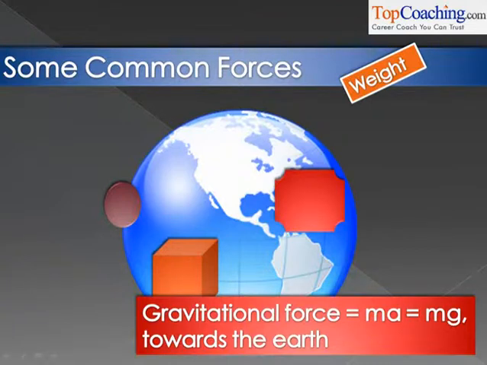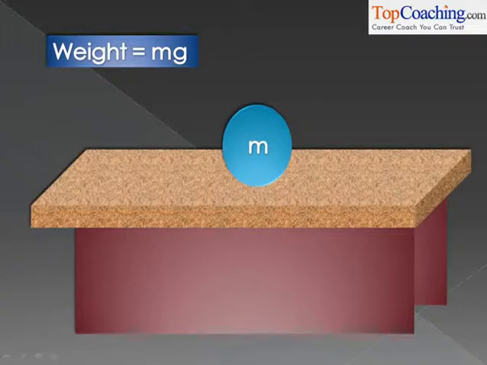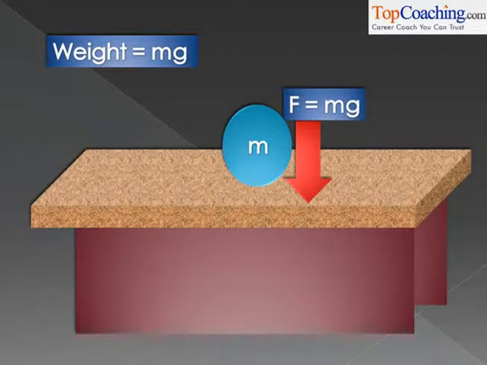So the gravitational force of the earth on any body is mg. Understood? So if you place a mass m on the table, a force mg will act on this mass m downwards towards the earth, isn't it? So you must remember that if you place any body anywhere on the earth, a force mg will act downwards on it. Understood? So that's about the weight.